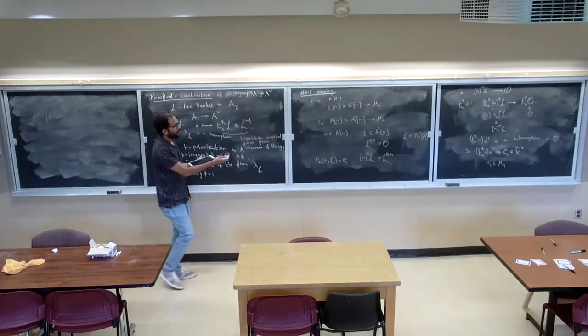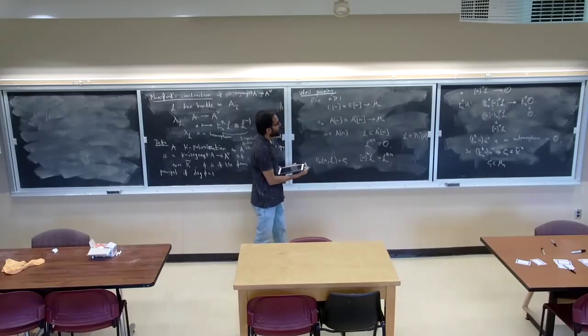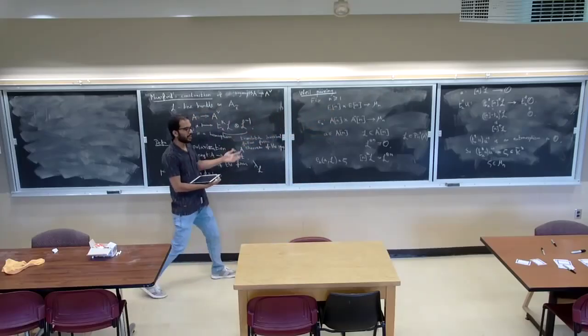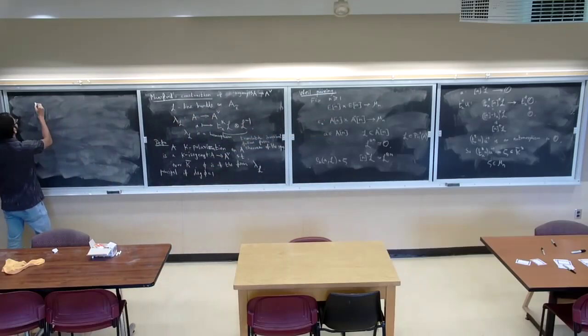Firstly, the pairing is between A and A dual. How do you get a pairing on A itself, the n-torsion of A? If you have a map from A to A dual, then you can pull back this pairing by that map. So that's where the polarization comes in. So we'll define it by using the same letters.